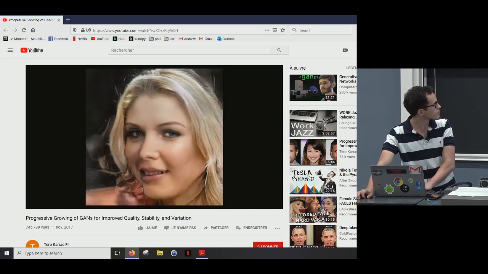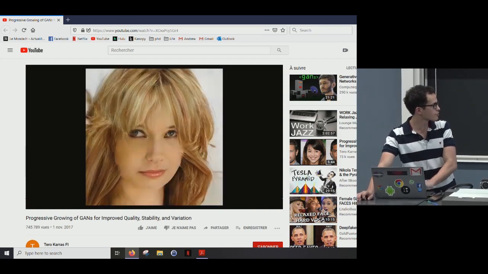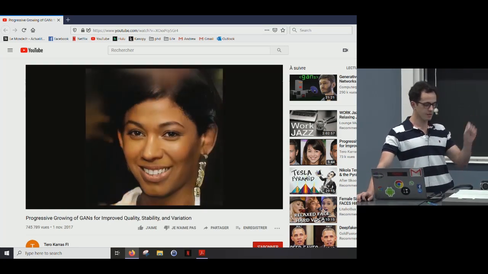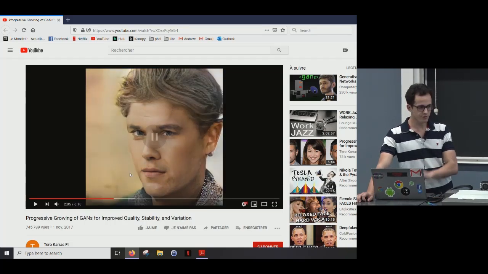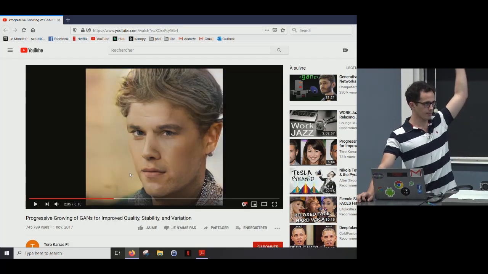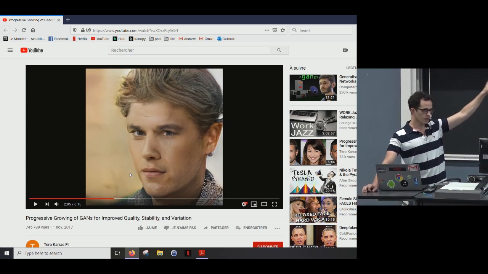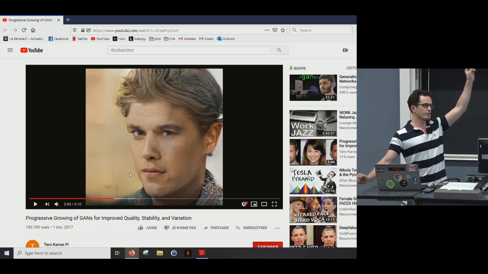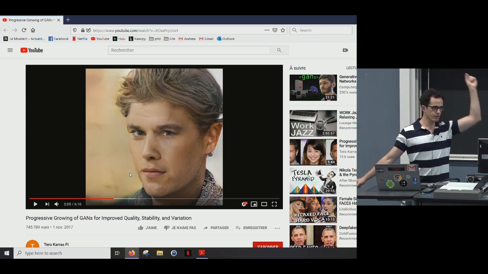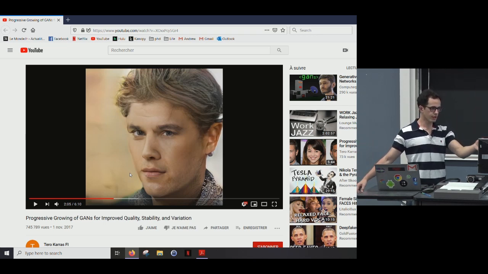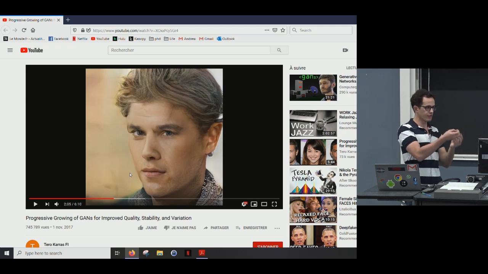Now what this means is the model is able to interpolate between faces. That means if you take two different generated faces and on the input space you draw a line between the two, most of the points on that line are not going to be faces anymore. There's going to be some blurry thing in the middle.